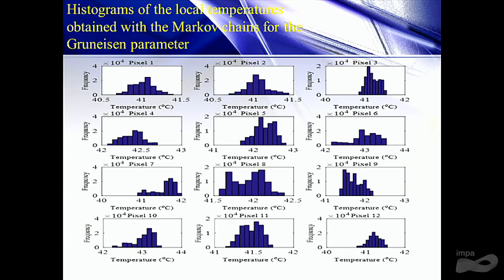Here is a histogram of local temperature obtained with the Markov chain for the Grunessen parameter, for the volume specified by the number.